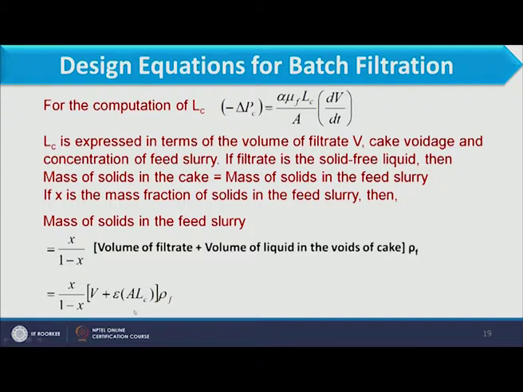Now what is A Lc? If you consider, A is the cross sectional area of cake and Lc is the thickness of cake. So this is the volume of cake, into epsilon, because epsilon is the voidage. In this way we can define the volume of the liquid in the cake. The whole factor is multiplied with rho F, because we have to consider here the mass of the liquid: volume collected into density of the fluid.